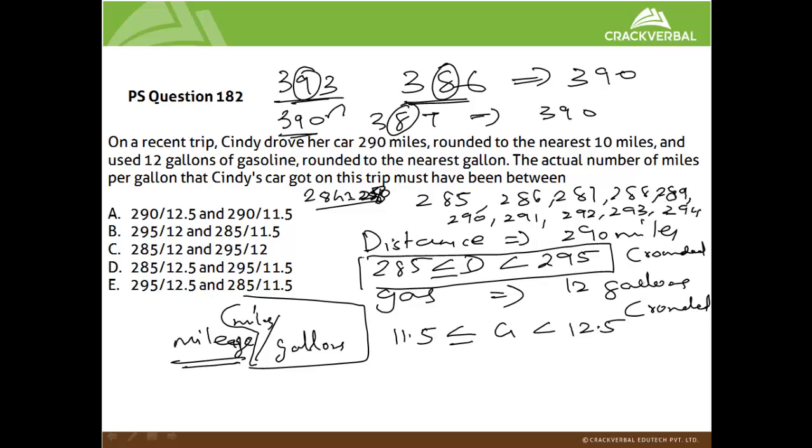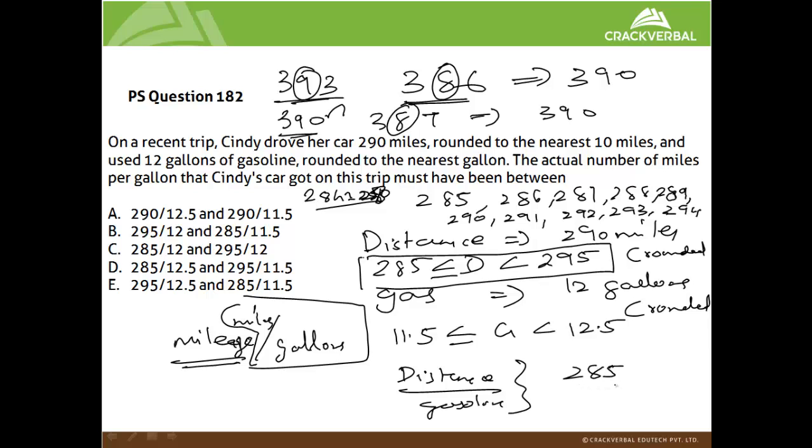Okay, now to find the least actual number of miles per gallon. Miles per gallon means distance divided by the gas, correct, gasoline. So to find the least value, first we take the numerator as the least, the distance 285, and the denominator as the greatest, then we will have the least possible miles per gallon, right?